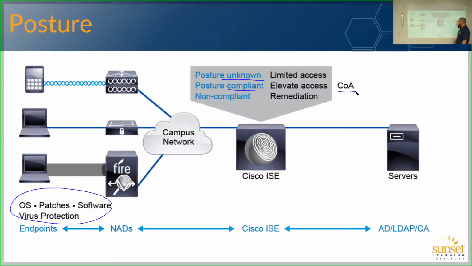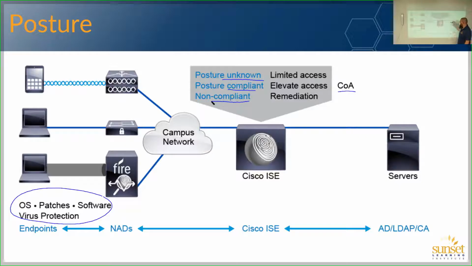Or if a device connects in, we scan it and it doesn't have what we're looking for, we would say it's non-compliant. Let's say the firewall is not turned on. Easy example, right? I don't want a host that has no firewall connected to my network. That'd be a problem. So what we can do is not just give it no access, because we want to let the user fix their connection.